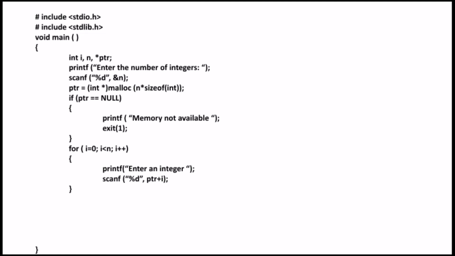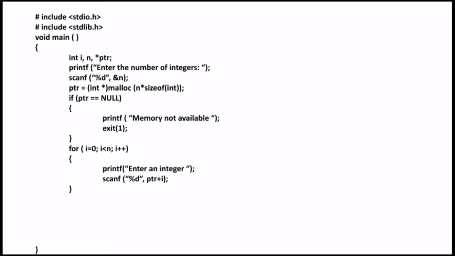And ptr plus i means we are taking the address at first, that is ptr. Suppose ptr is 1000, so 1000 plus the value of i, that is 0, will be considered, and the value which is entered will be stored on that address. That is, on address 1000, the value which is entered will be saved.